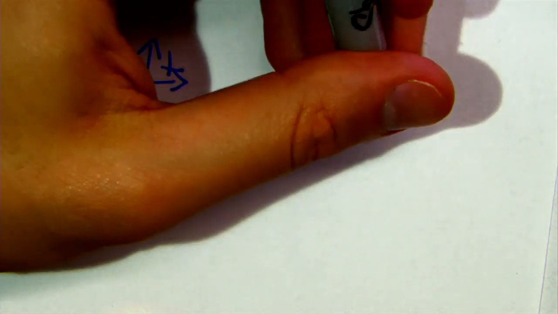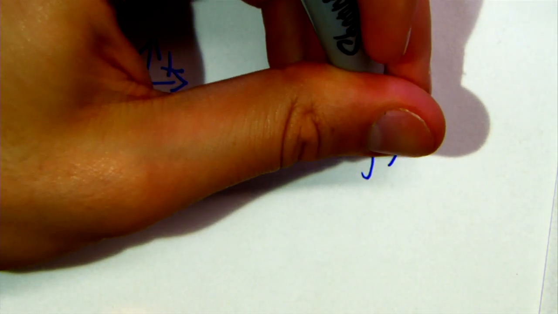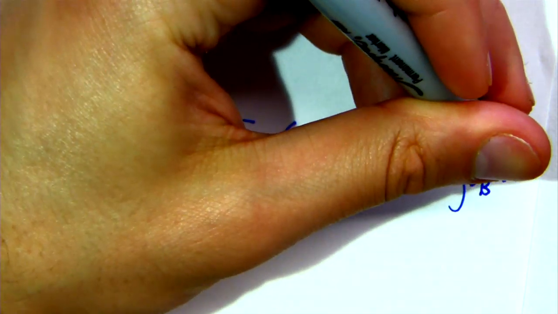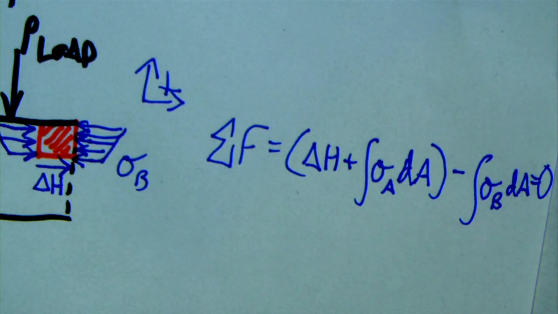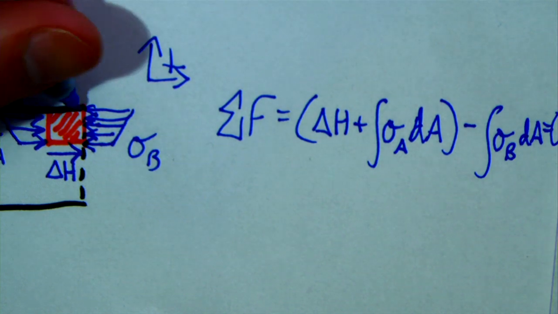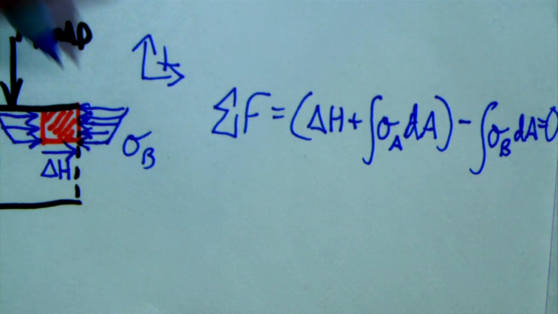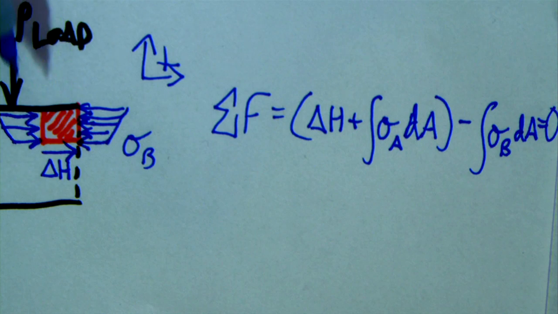I've got my delta H going to the right, plus the integral of sigma A dA, because stress times area gets me force, minus the integral of sigma B dA equals 0. Where dA is just the differential area that comprises the side of this stress cube.